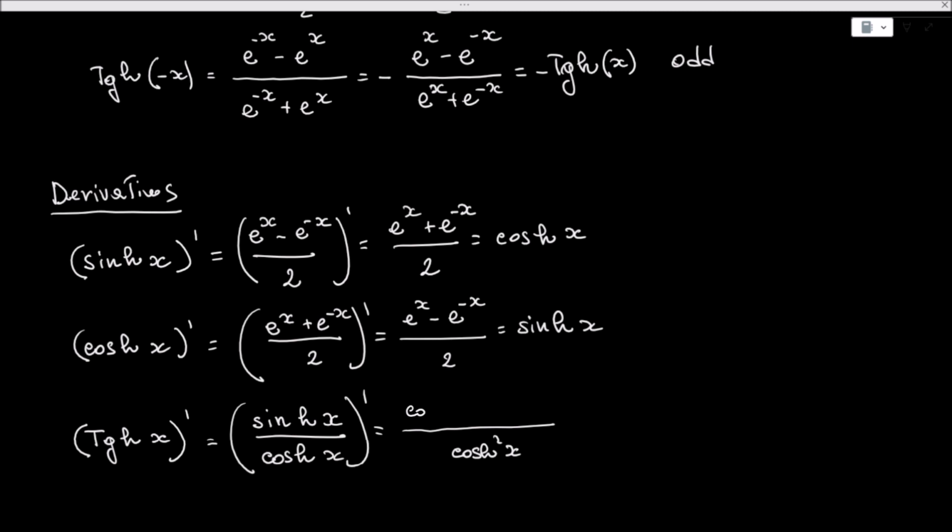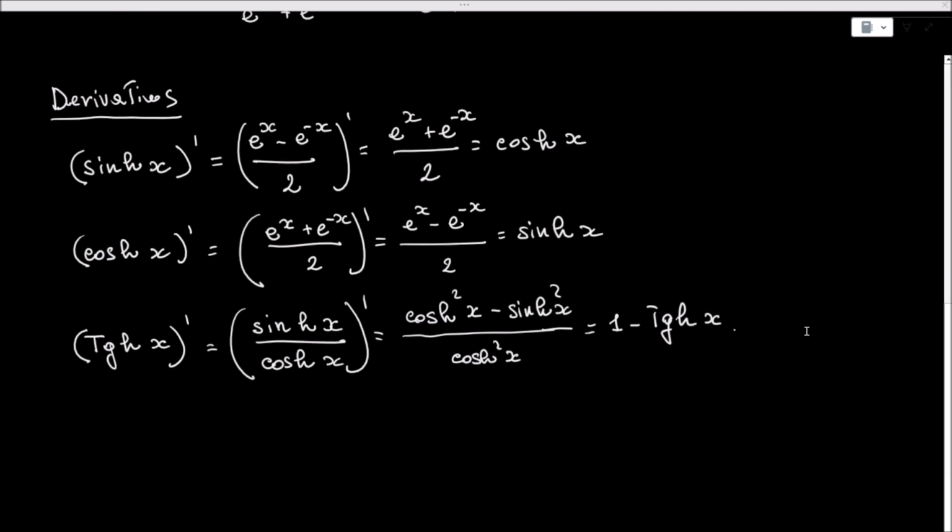So what we get is the hyperbolic cosine square of x minus the hyperbolic sine of x squared, which, if we separate this into two fractions, we simply get 1 minus the hyperbolic tangent squared of x.